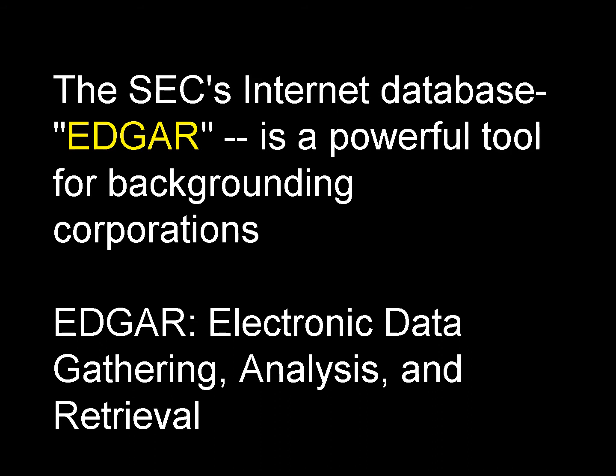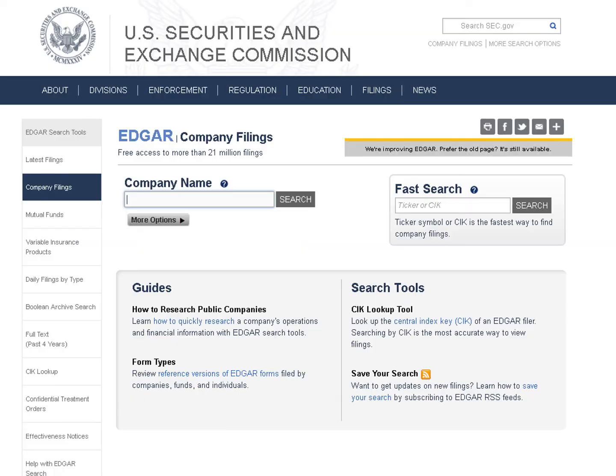Now, it's got a great database here for backgrounding companies called EDGAR. EDGAR stands for Electronic Data Gathering, Analysis, and Retrieval. The EDGAR database is the SEC's database, and it's very easy to use. You just have to put in the name of a company, or you can search by ticker symbol.